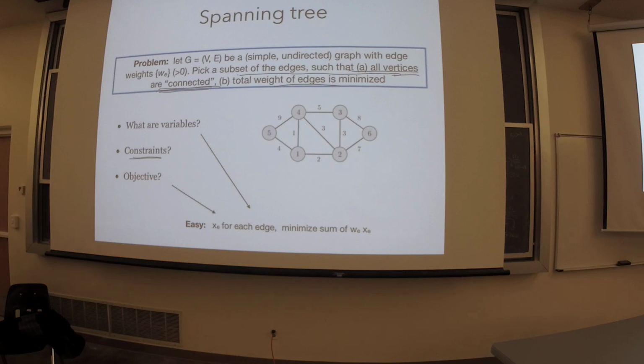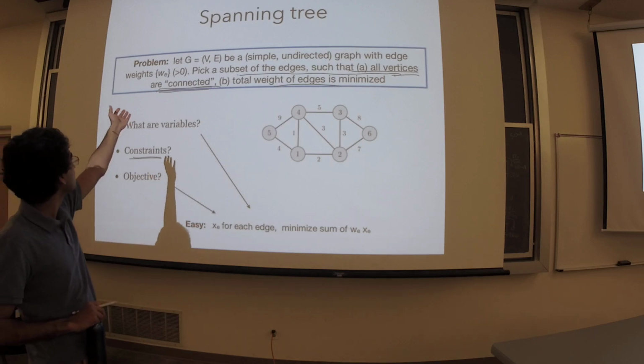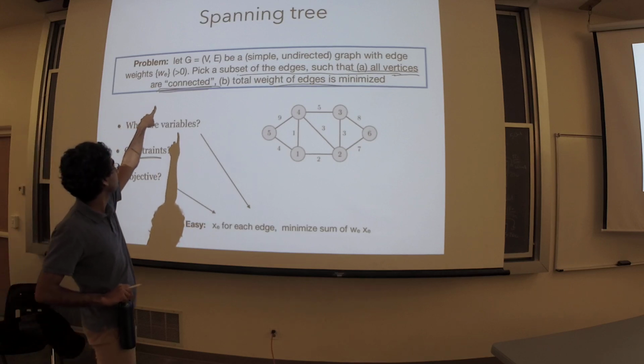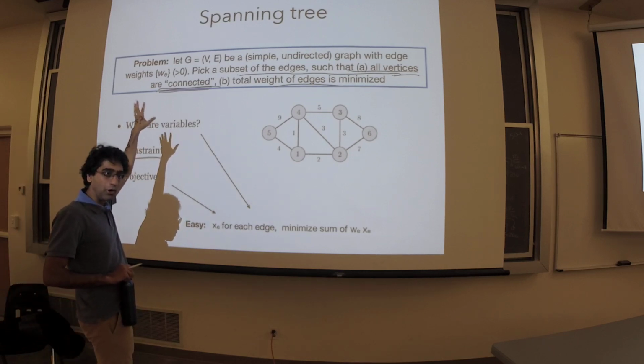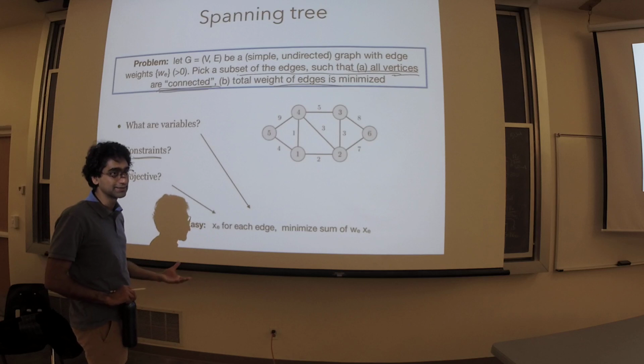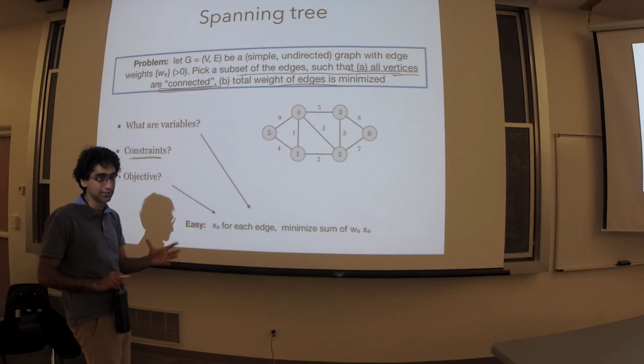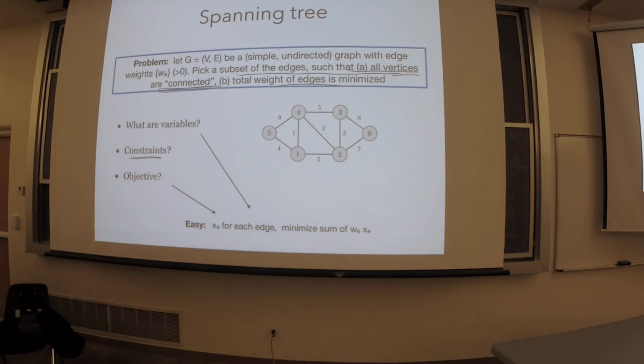It's just that because our goal is minimizing the weights and these weights are all positive, the optimal solution will end up being a tree. It will not have cycles, because if it had a cycle, then removing one edge would only improve the cost. Okay? So that's why you don't have to explicitly ensure it.